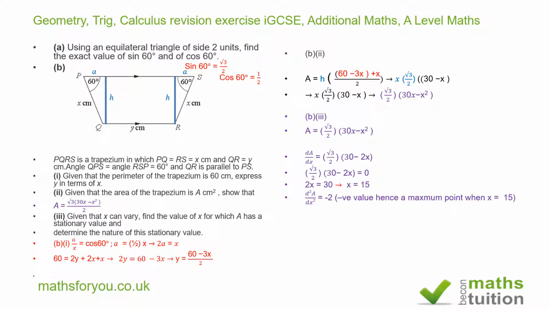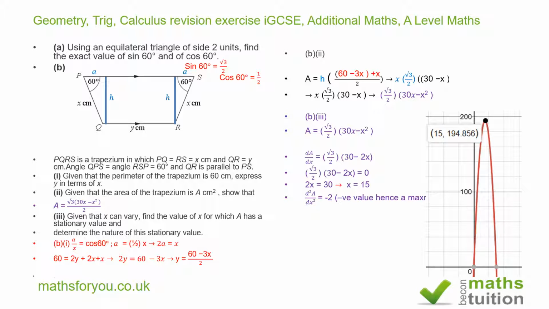Okay, so that now is the answer we require for this bit there. Now, just to check, if we draw a graph of A against x there, we should end up with a graph that looks like this one there, which confirms our result that at the turning point x is 15.